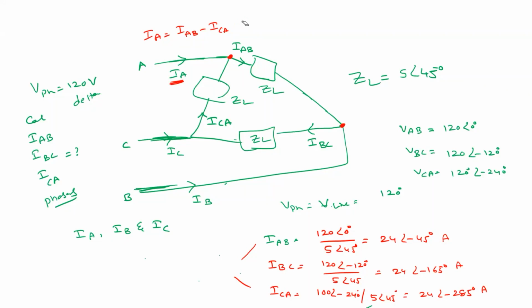IAB minus ICA. That means 24 at an angle minus 45 minus 24 at an angle minus 285.